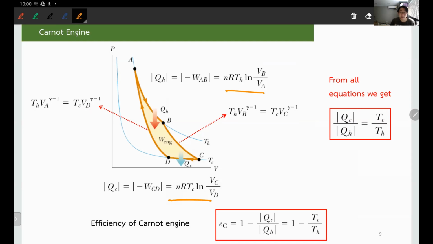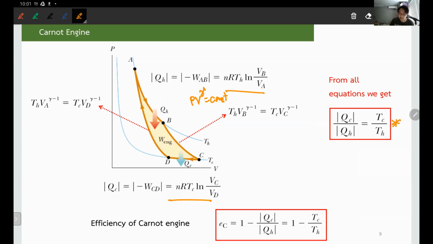For the adiabatic, you know that it's going to be PV to the gamma equal to constant. And then you can mix and match between changing the P to V, V to T, on and on. So you're going to get 4 equations that link these 4 points, A, B, C, D. And once you solve this system of equations, you get one very simple conclusion. And that's what I'm going to get you to.